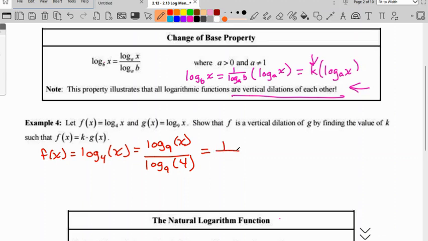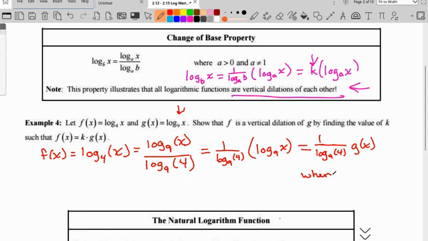So that's 1 over log base 9 of 4 times log base 9 of x. And again, we said that log base 9 of x is g of x. So that's just 1 over log base 9 of 4 times g of x, where k equals 1 over log base 9 of 4.